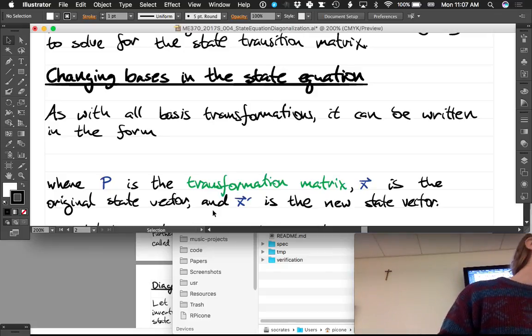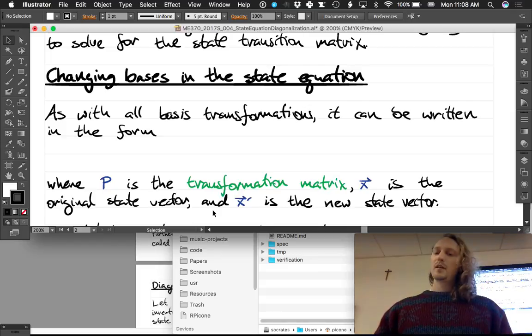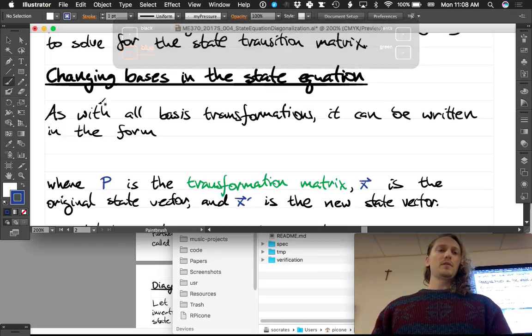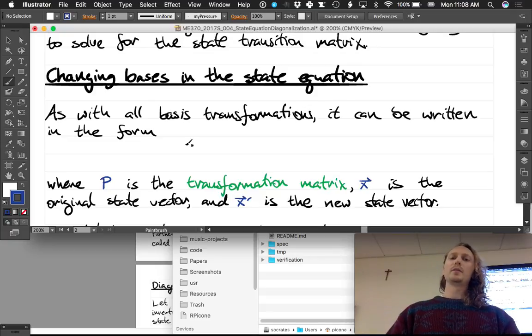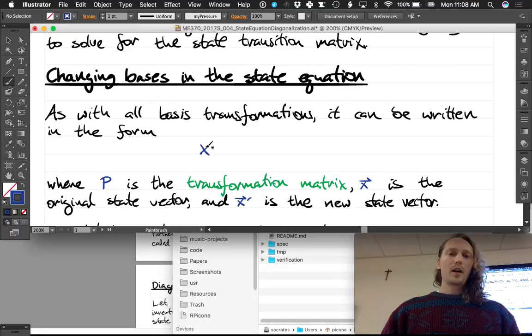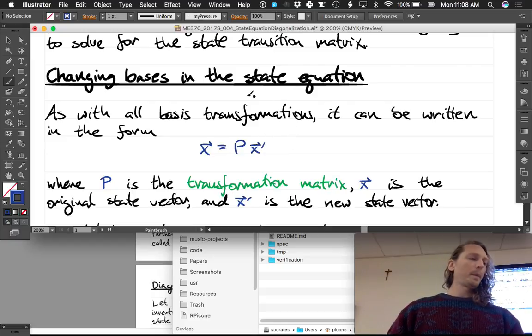And we're just going to apply that to this state equation. So, as with all basis transformations, it can be written in the form x equals some transformation matrix, P, times x prime.